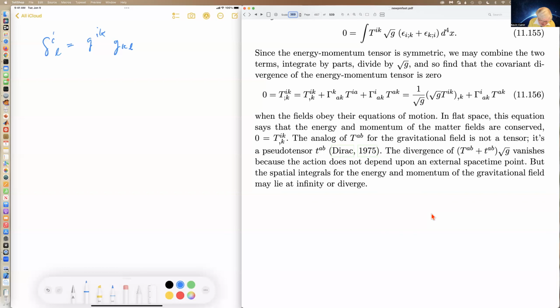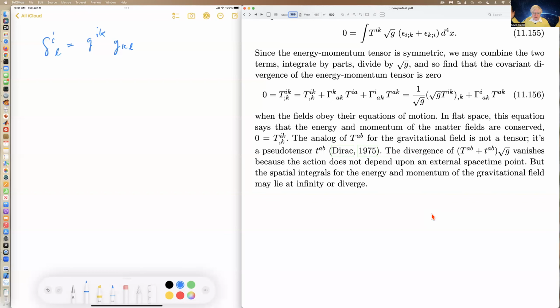You see, when we throw away surface terms, in particular when we're doing the principle of least action, we toss out a surface term. That's because we can choose to say that we're considering a variation at a particular point in space and time, and we're saying that the action should change only to second order in this small change of the fields at a particular point of space and at a particular time.